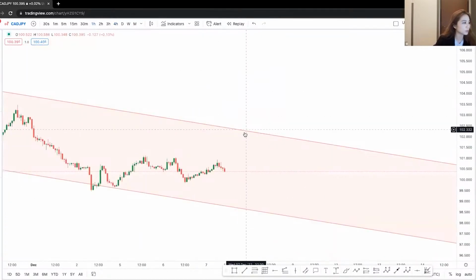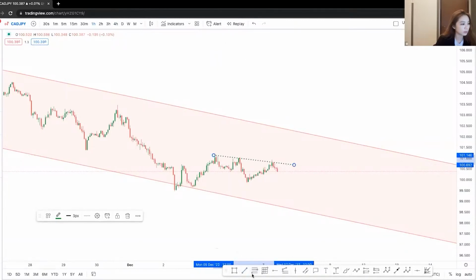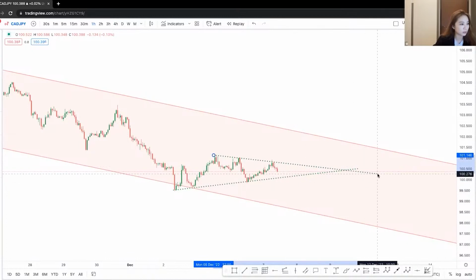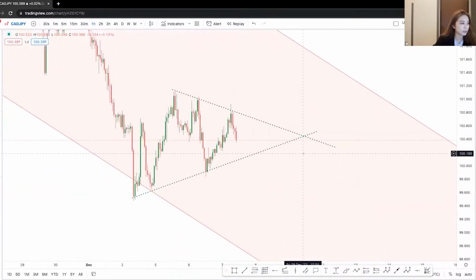Interesting. I think on the H1 you'll see a slight triangle. So on H1, you'll be looking at this instead. Let's just do a small analysis on H1.